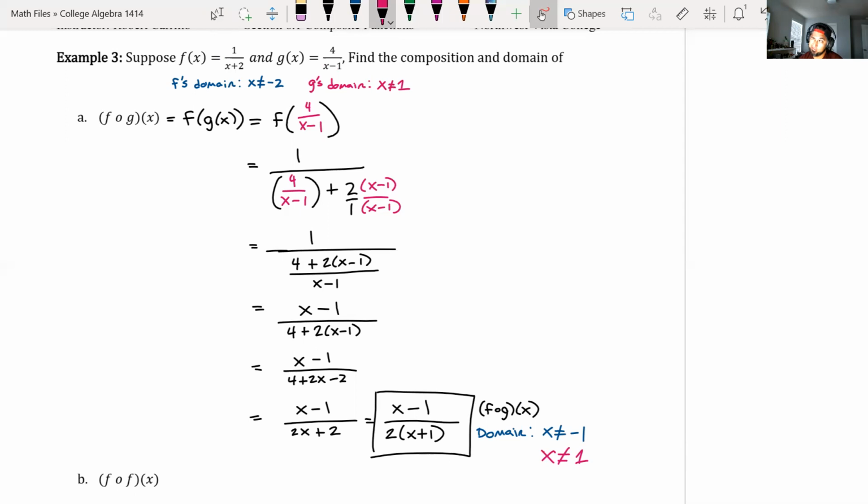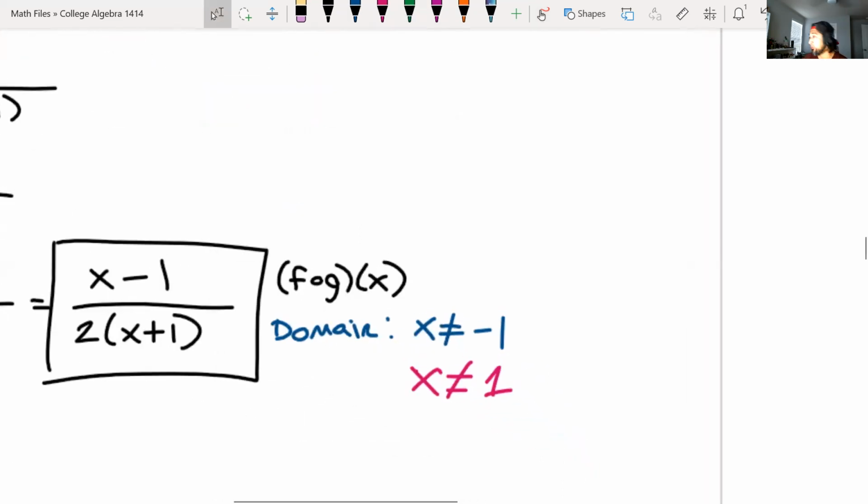Once we find the domains of both function f and function g, do we have to plug those -1 and 1 into anything specific in the problem, or once we discover that, that's pretty much it? That's it. So once you have these, you don't have to do anything else with them.